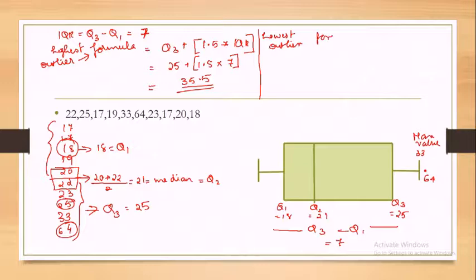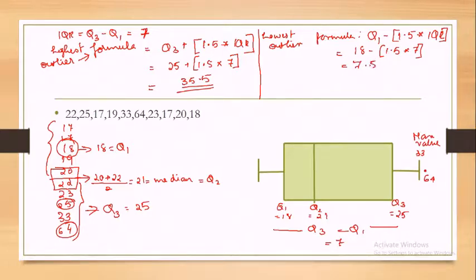and the formula for that is Q1 minus 1.5 multiplied by IQR. This is equal to Q1, which is 18, minus 1.5 multiplied by 7, which is equal to 7.5.